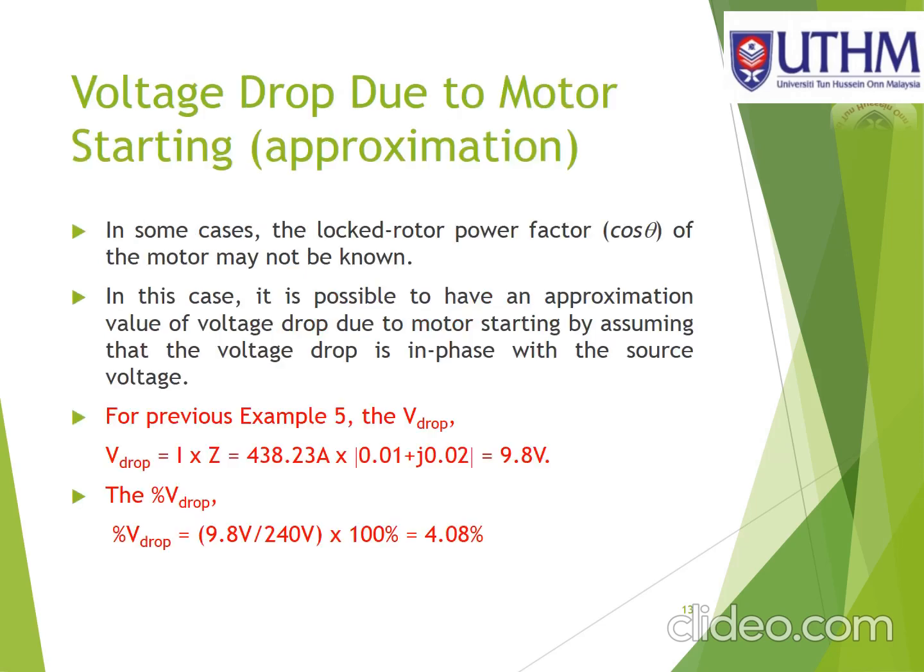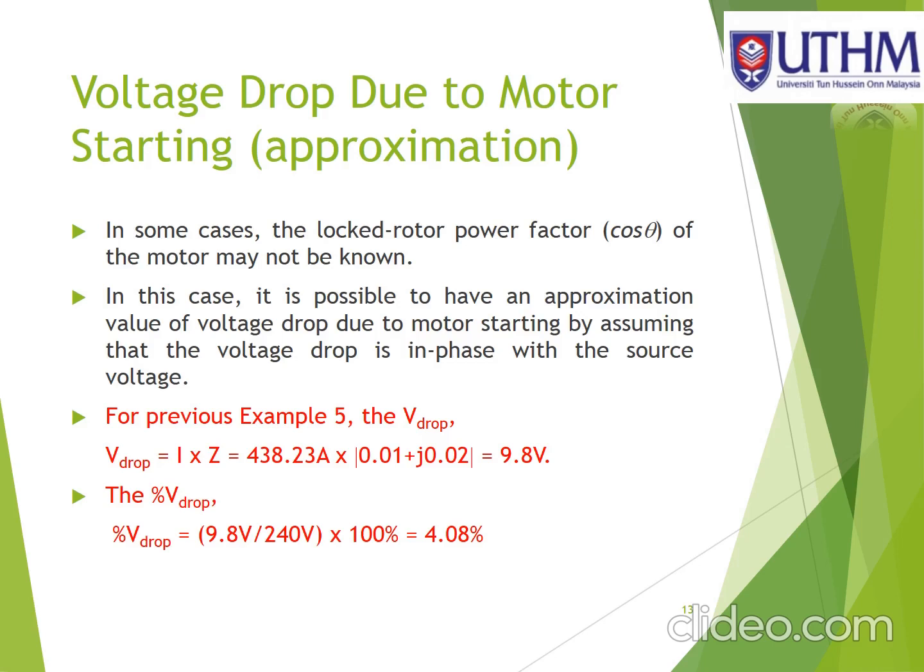Next is the voltage drop due to motor starting by using approximation. In some cases, the locked rotor power factor cos theta of the motor may not be known. So in this case, it is possible to have an approximate value of voltage drop due to motor starting by assuming that the voltage drop is in phase with the source voltage.